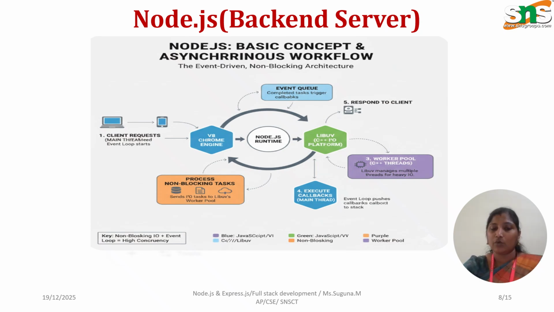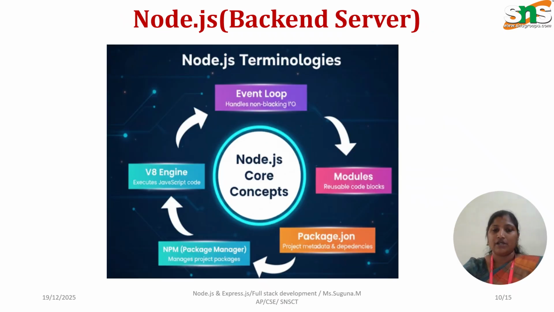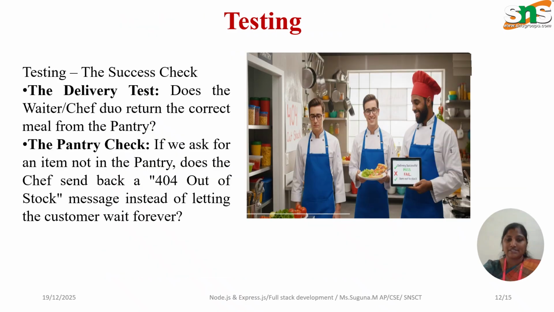Node.js brings the power, whereas Express.js brings the structure for an application. So together they create a strong backend. So this is the difference between Node.js and Express.js, but together they provide a stronger backend. Now we will look at this diagram displaying Node.js and Express.js.